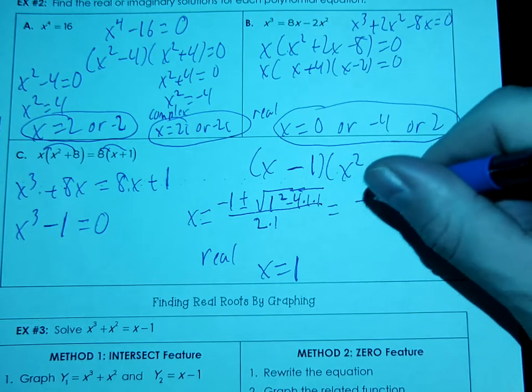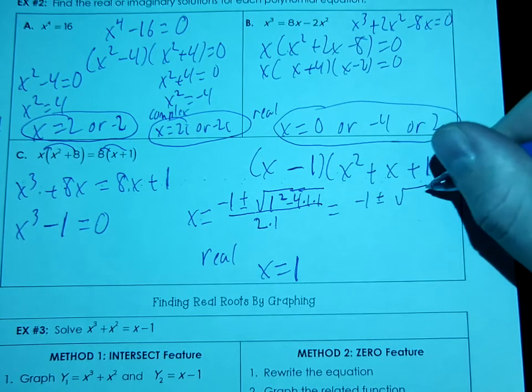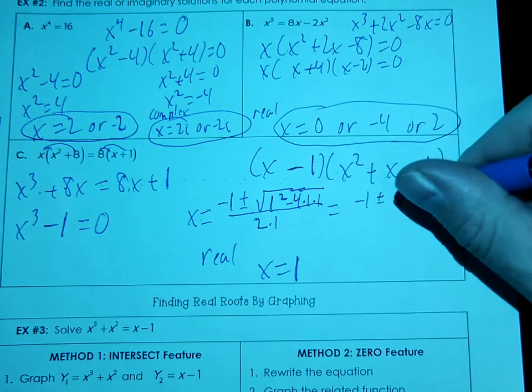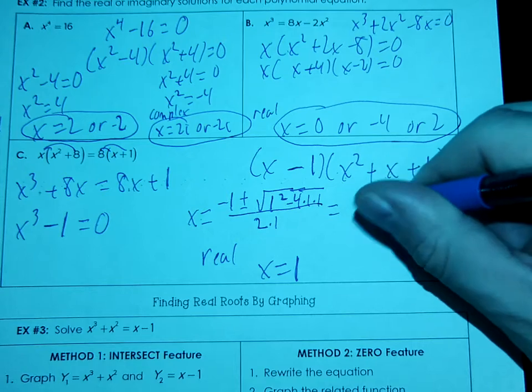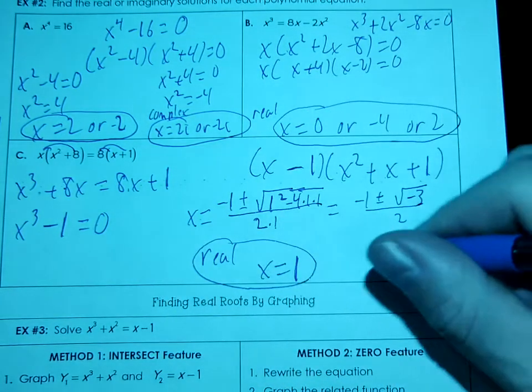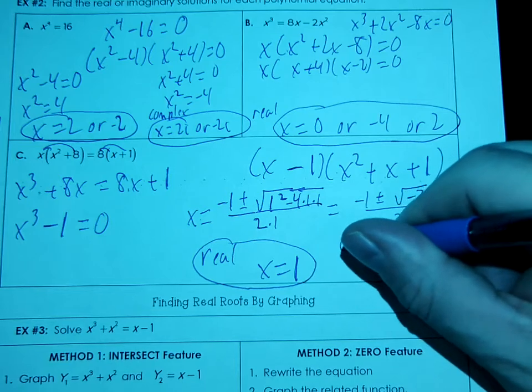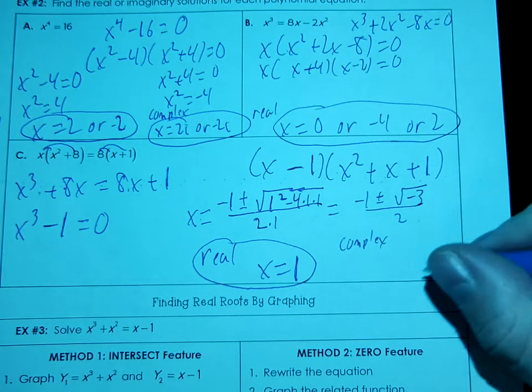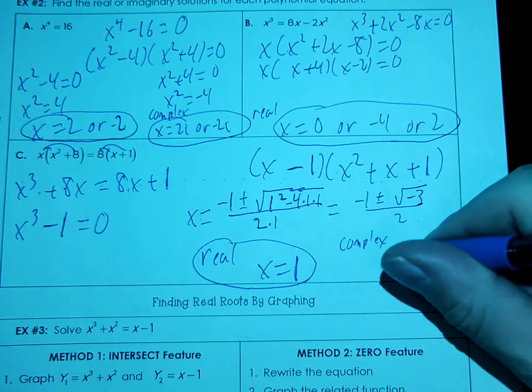So negative 1 plus and minus the square root. You can see this square root is negative 3, 1 minus 4, all over 2. So there's my real 0, and there's my complex zeros. The complex zeros should come in pairs. There should be 2, 4, 6, 8.